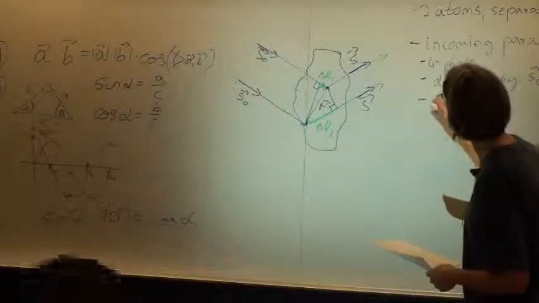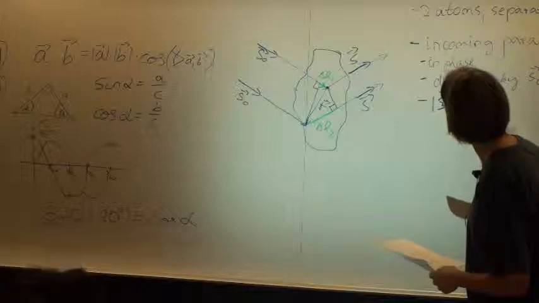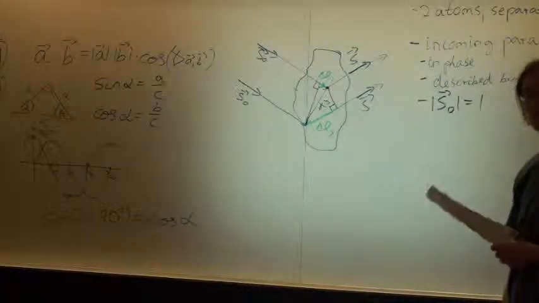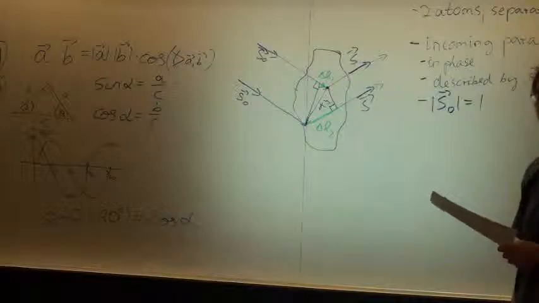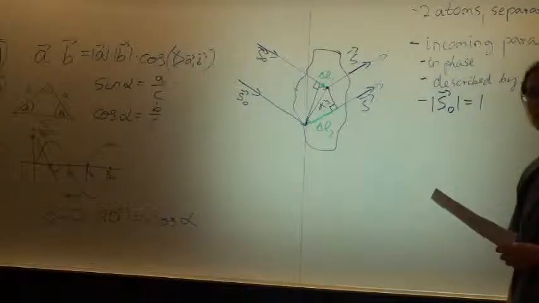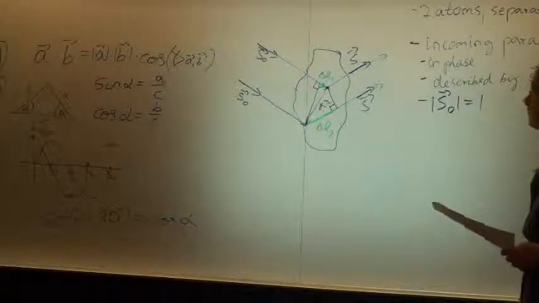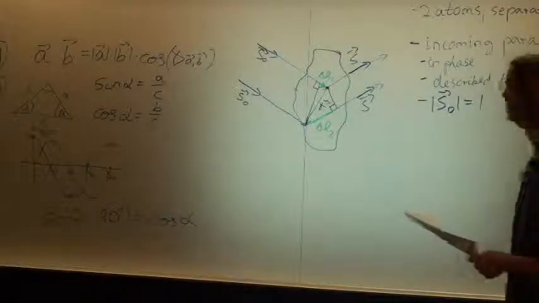We'll just choose the vector that we use to describe it as a unit vector. It's just more convenient, okay? So the length of the vector with which we describe the X-rays is going to be 1.